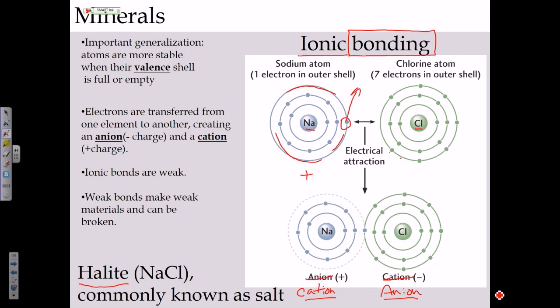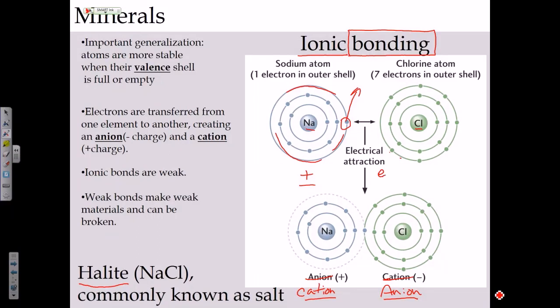I'm highlighting an error on my figure, but in the book's figure, or a book figure, not necessarily your book's figure. Anyway, we lose an electron. It gives the overall charge, based on the number of protons in the nucleus, positive. And then here in chlorine, it can pick up an electron from somewhere.